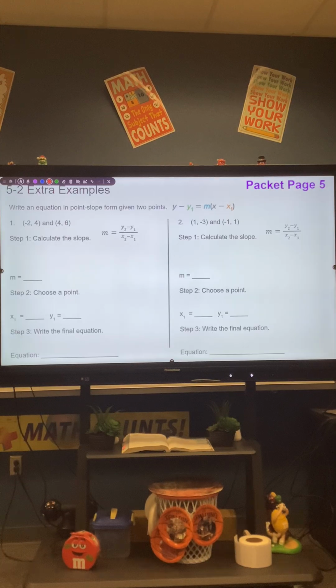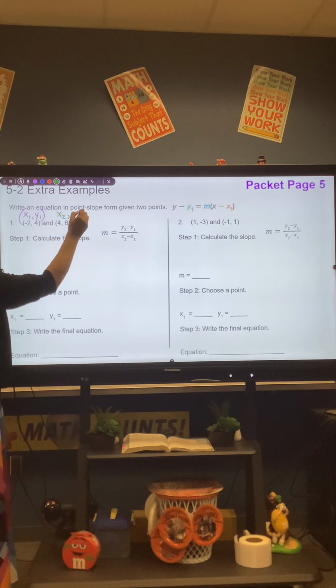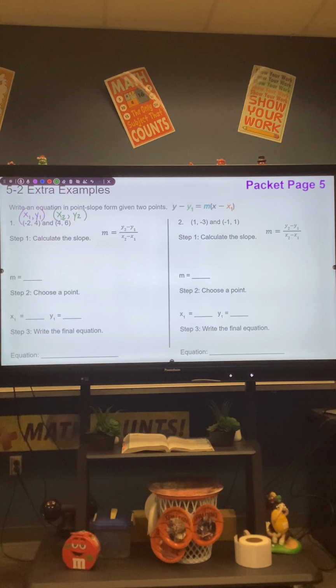Label X1, Y1. Your first group, your second group. Take the Y2 minus the Y1.